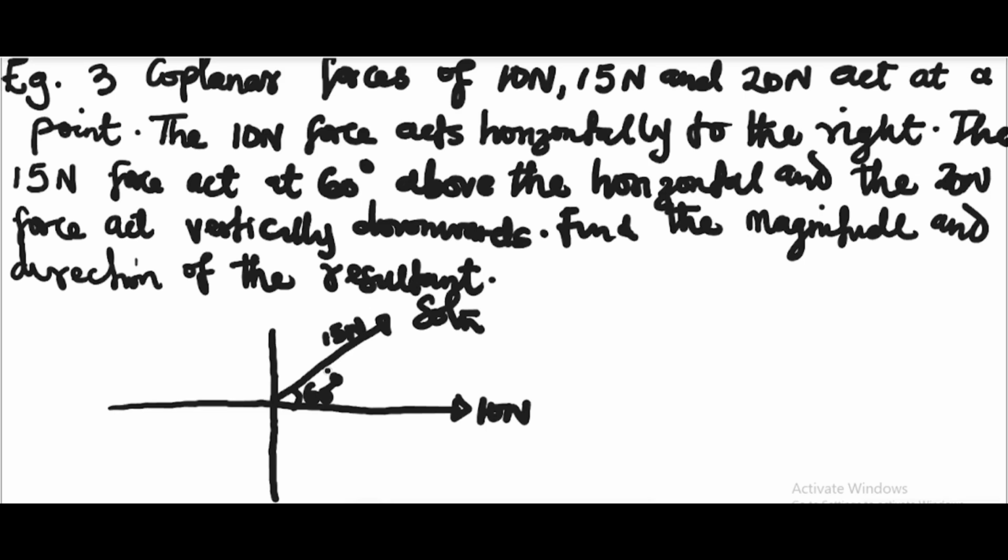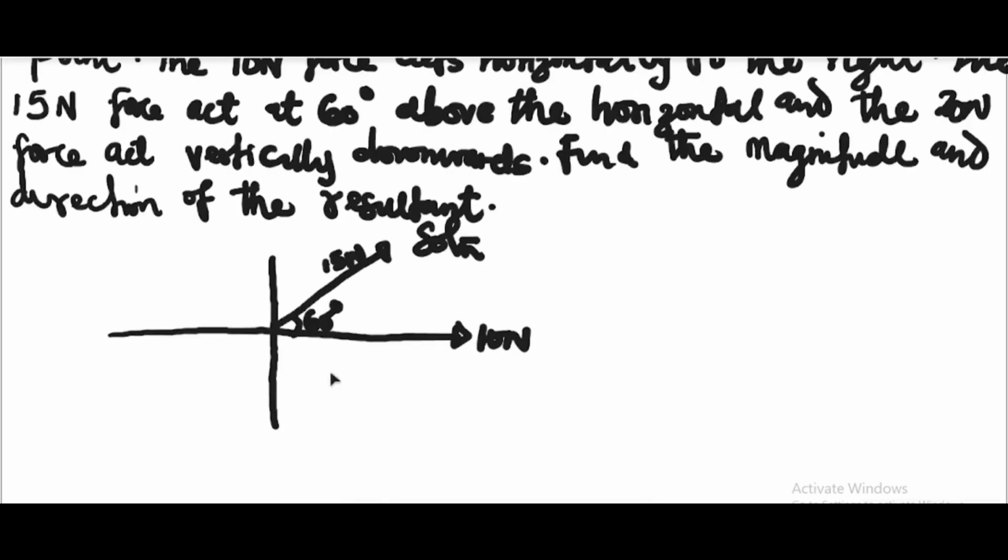Then the next one, the 20 Newton force acts vertically downwards. So for it to act vertically downwards, it means it is here, 20 Newton. Now having known this, you see it is very easy for us to start resolving.